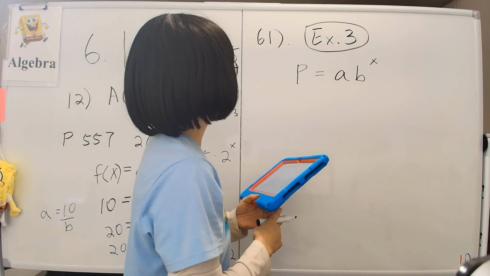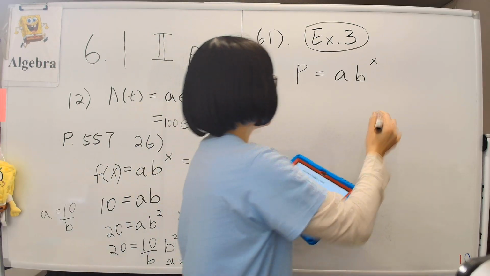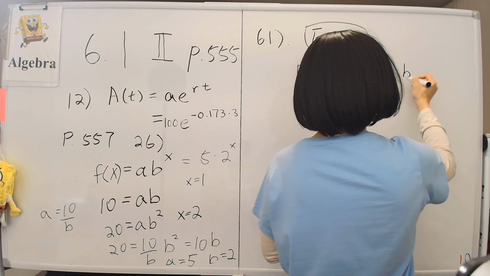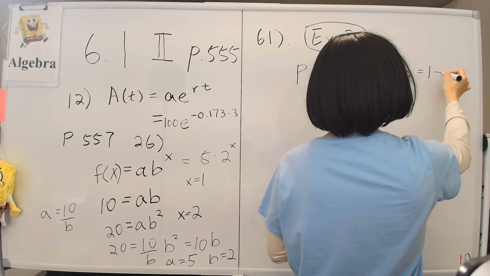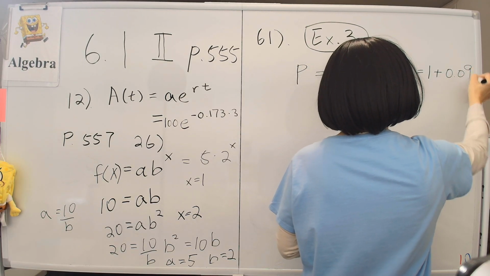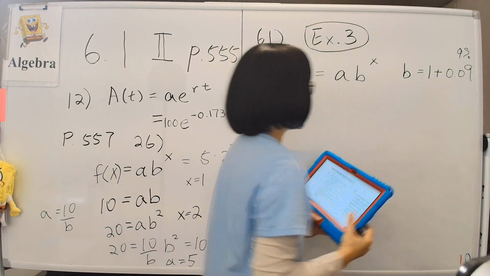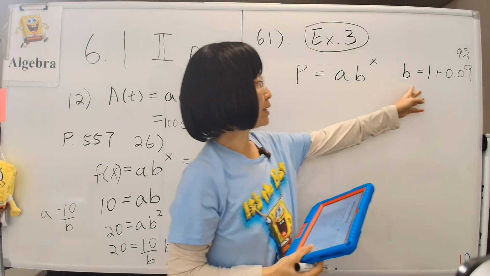So then the B, the growth rate, is 9%. Now in this type of problem, you write down B equals 1 plus the growth rate, which is 0.09. That stands for 9%. 9% is 0.09.